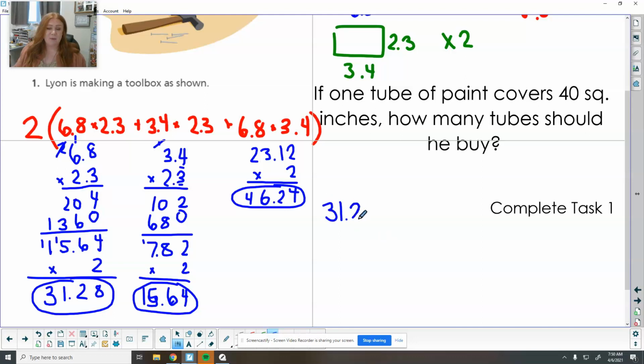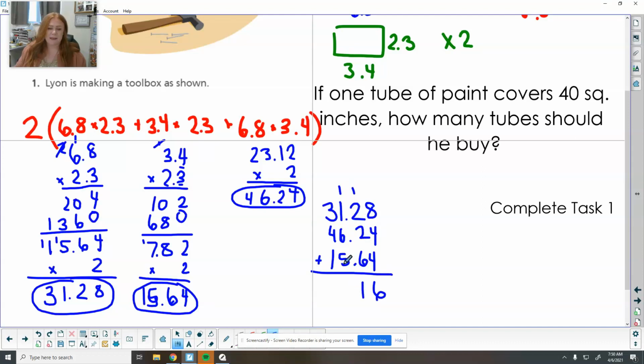So 31.28, 46.24, and 15.64. And because we're adding, we do want to make sure all of our decimals and places are lined up. So here's 8, and 8 makes 16. Here's 6, 7, 8, 9, 10, 11.